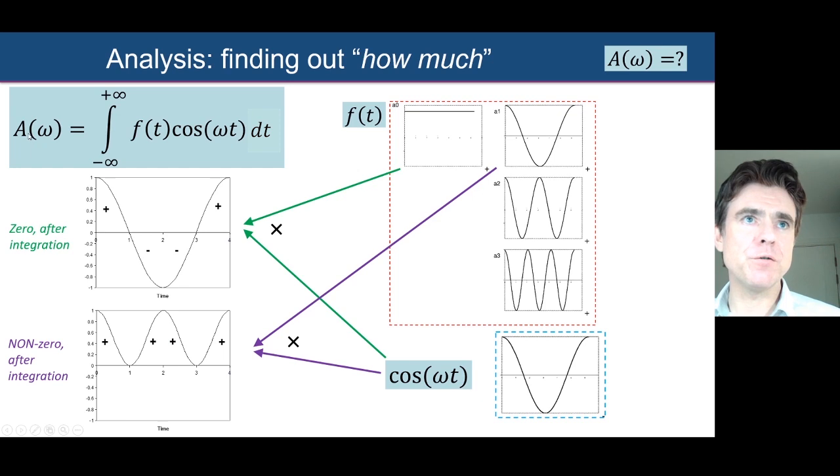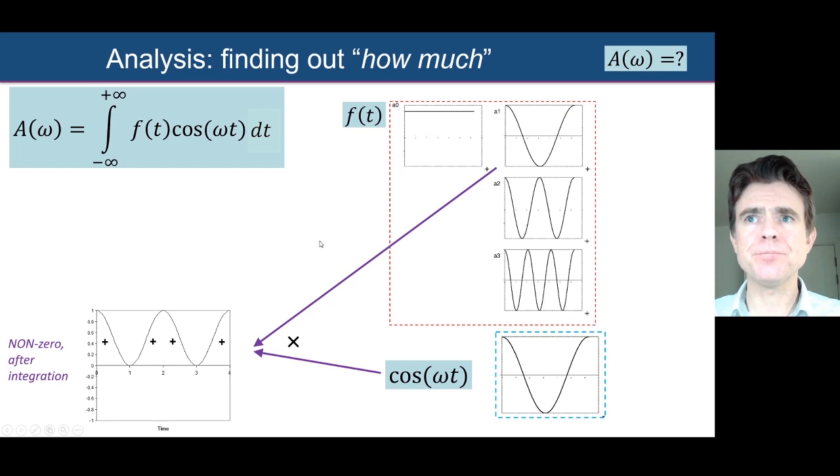So when we're looking to find the amount of cos omega t that's present in f of t, it will only give us the amount of that frequency and won't give us the amount, for example, of the 0 frequency that's present, because that gives a 0 result. It's only squared when it meets itself in the function. So let's do one more demonstration of that.